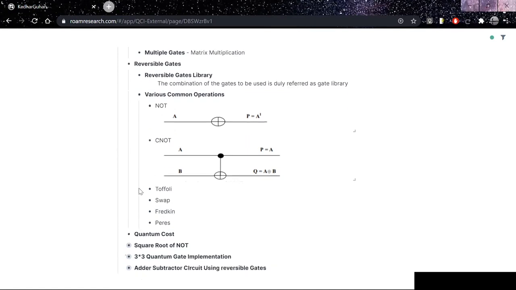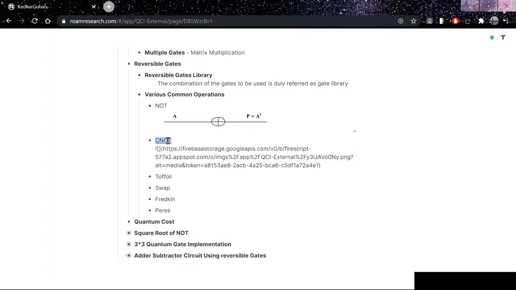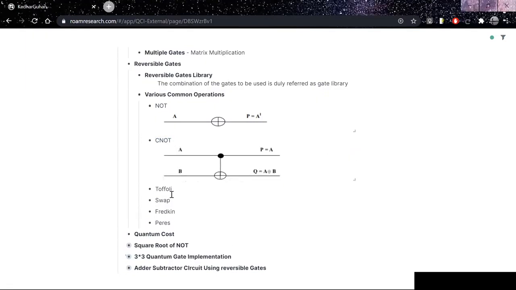This will be useful when we see any quantum circuit further. So the basic representation, especially in this case of C naught, is that the dot represented is the control bit. So here the bit A is controlling the bit B. The bit B is known as the target bit.